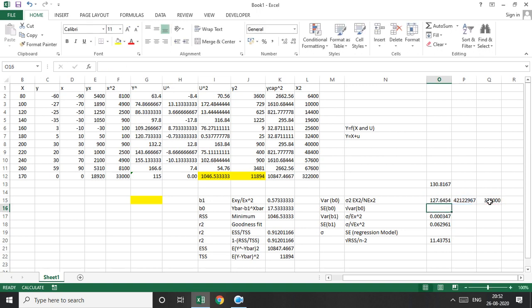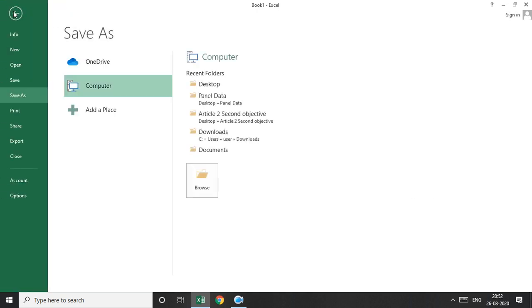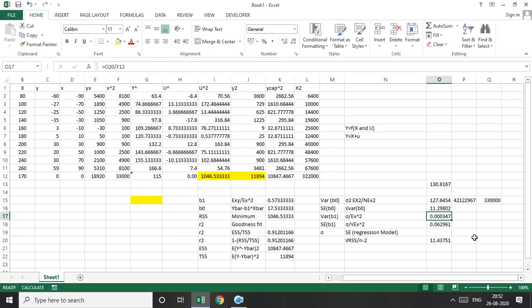How much have we got? It is 127.6454. Then if you find the square root of this, 11.29802. So this is the way we can find out the variance and standard error of the regression model.